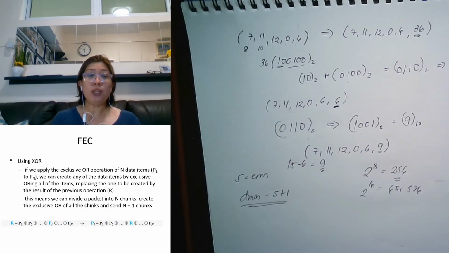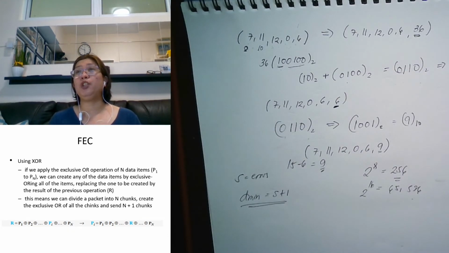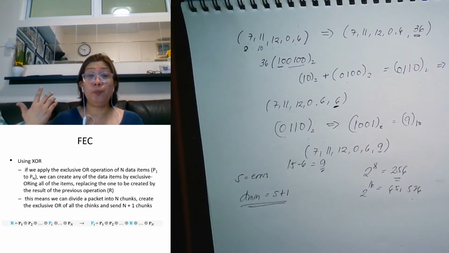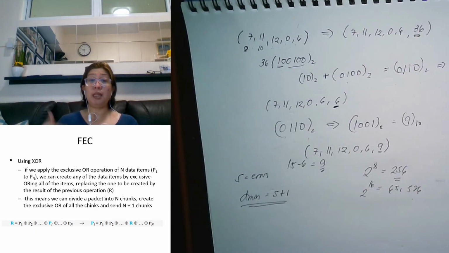What should be the value of n? If n is equal to 4, for example, it means we need to send 25% extra data to be able to correct the data if only 1 out of 4 chunks is lost. If 2, you need 50%, if 3, you need 75%, and so on.